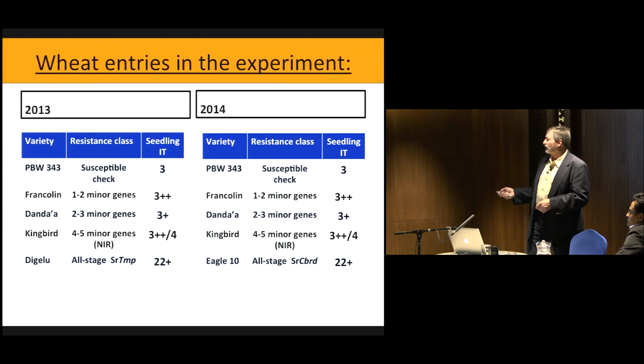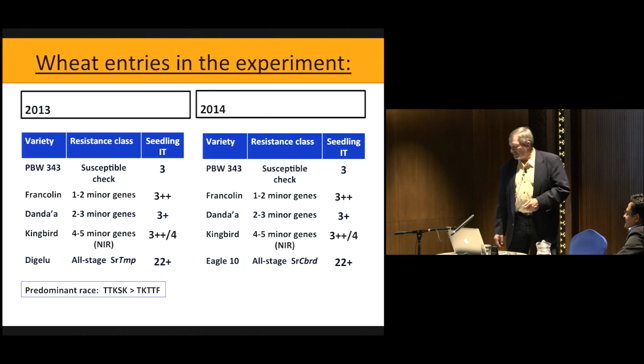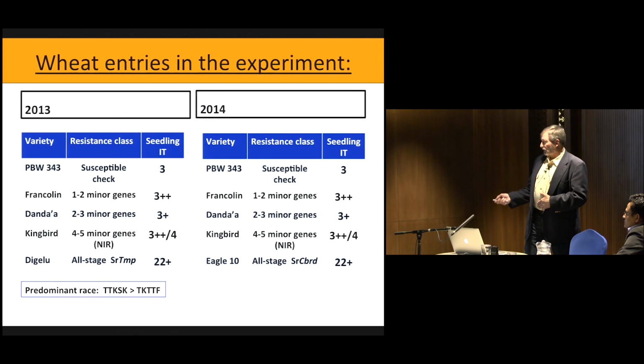In 2014, we had the same PBW 343 susceptible check, and then the 3 APR varieties. In 2013, we had a race shift, and so this variety here, Digaloo, became susceptible to the virulent pathotype TK-TTF.